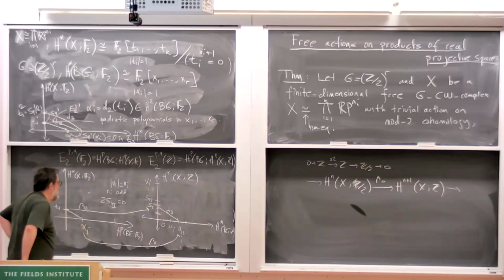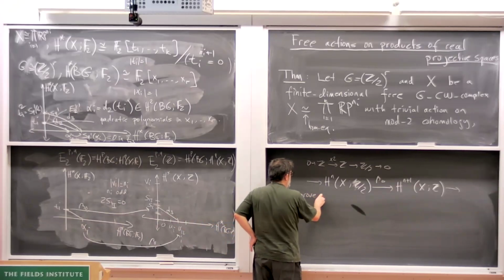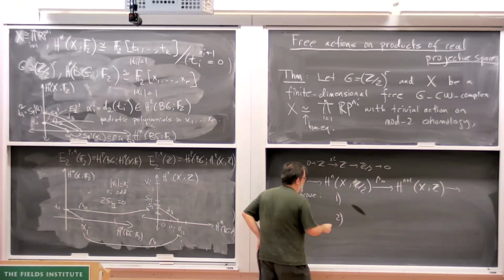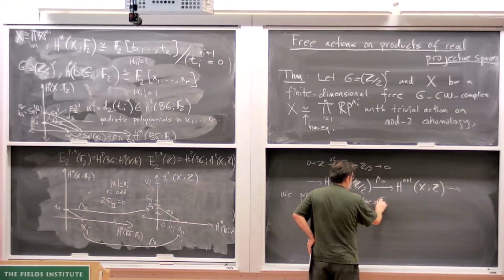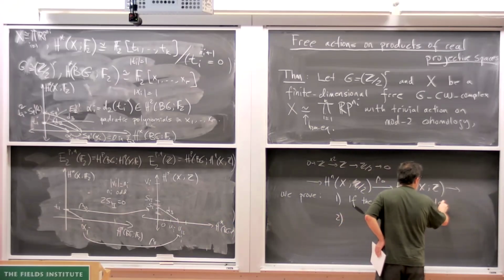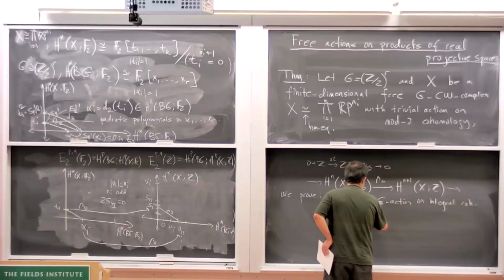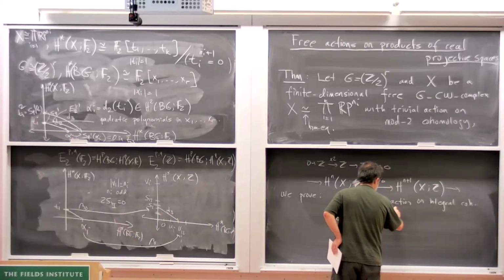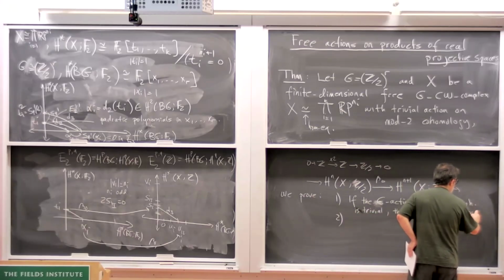And by using this, you can prove the results. One thing we proved is that if the G action on the integral cohomology is trivial, then this Bockstein of these alpha i's are 0, which actually implies by a very easy argument that these are just the squares of some things.